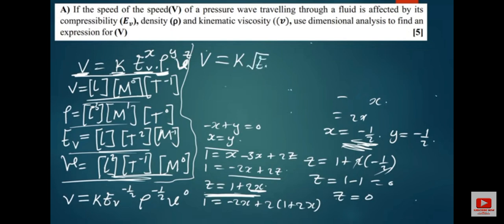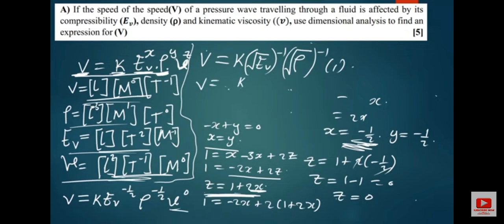So we have the square root of EV, then to the power -1, and then the square root of rho, to the power -1, and then v to the power 0 is simply 1. So when you simplify this further, you get k.